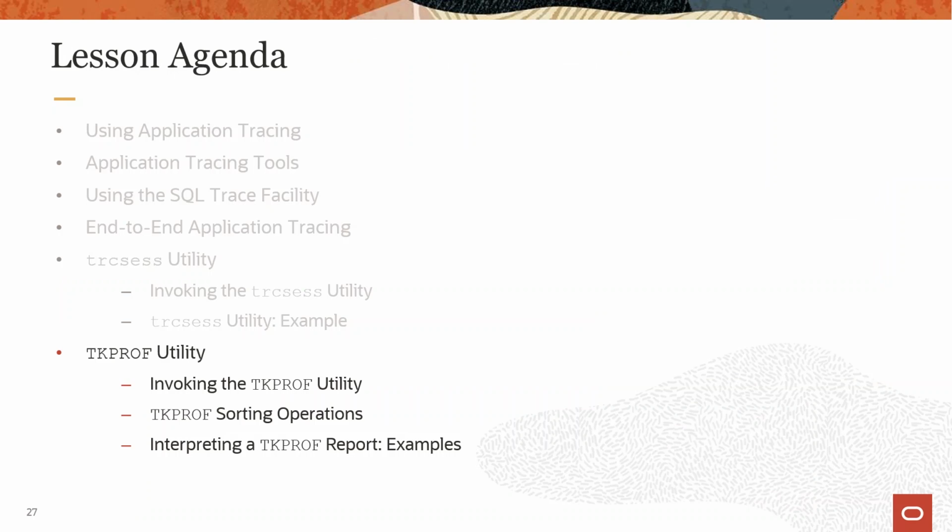Now, the consolidated trace file generated by the trcsess utility shows the trace information in Oracle's proprietary format. You're going to use the tkprof utility to produce a more human readable format so that we can interpret much more easily the captured tracing information.